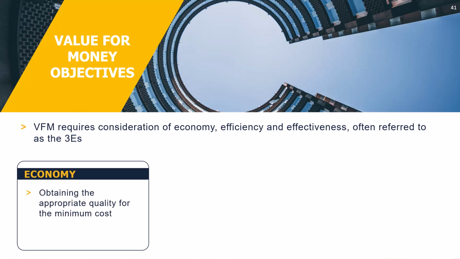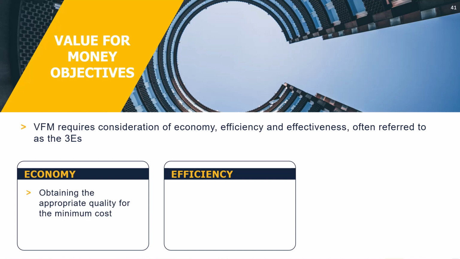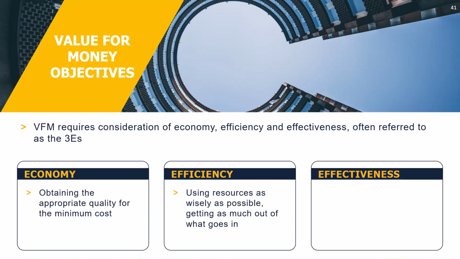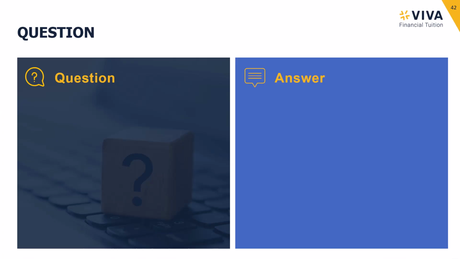So what do we mean by these 3 elements? Economy: obtaining appropriate quality for the minimum amount of cost. Efficiency: using resources as wisely as possible, getting as much out of what goes into that particular organisation. And effectiveness is about doing the right thing to meet the organisation's objectives.